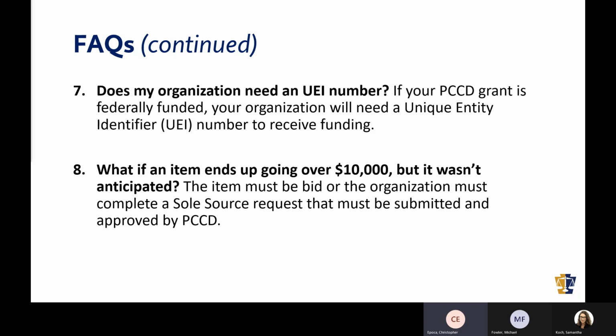But if it goes over the $10,000 mark, we would expect you to get multiple quotes from qualified vendors. If for some reason you're unable to do that, and it falls into the category of a non-competitive procurement or sole source, you would have to submit that request to PCCD. We would review it and ultimately approve or not approve it.